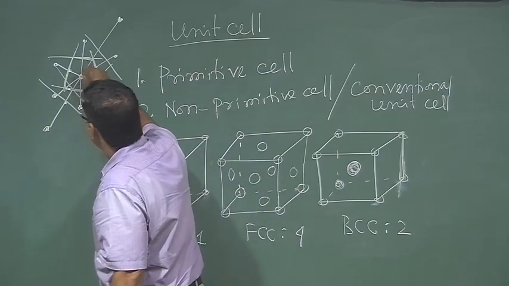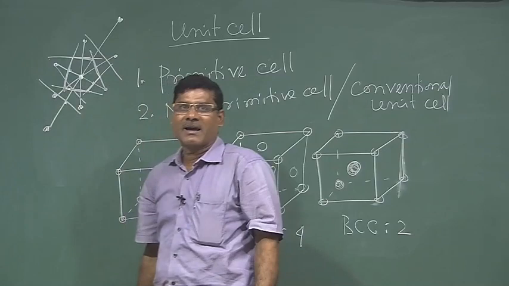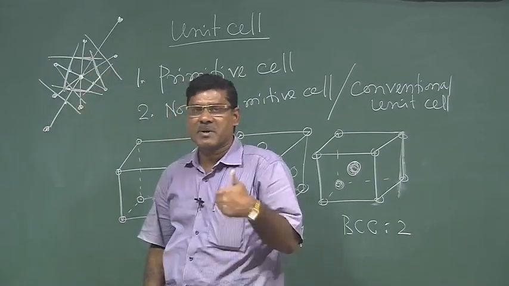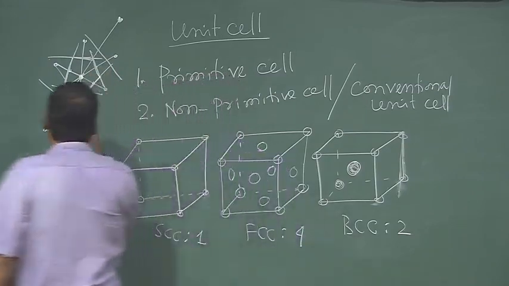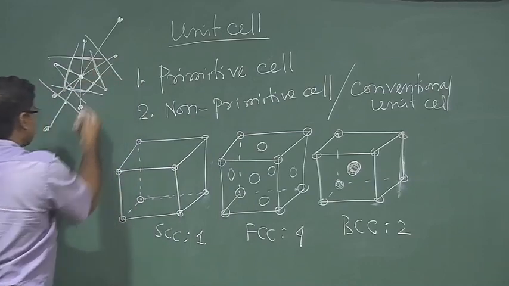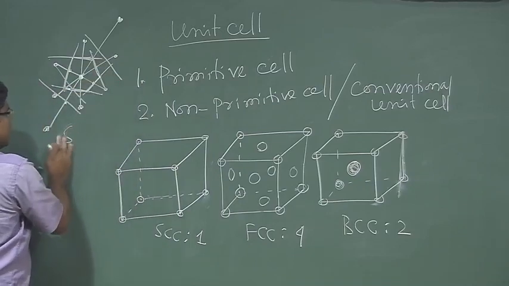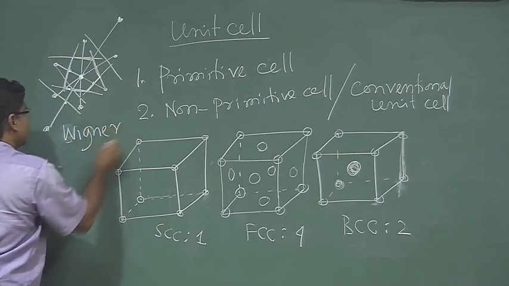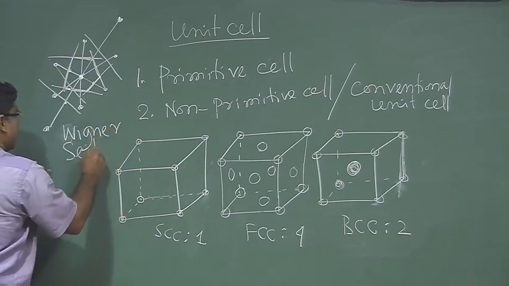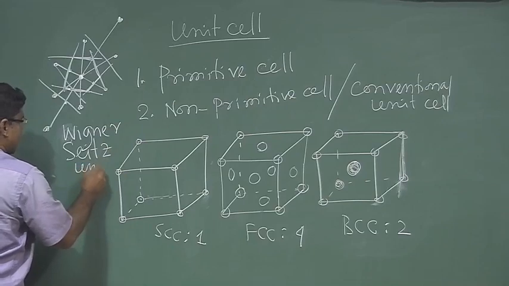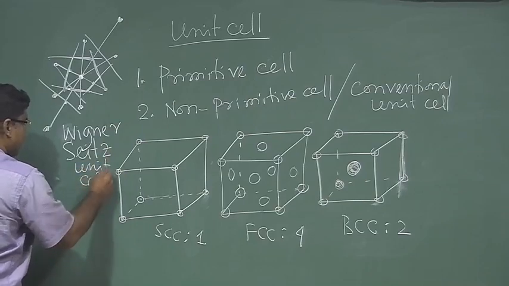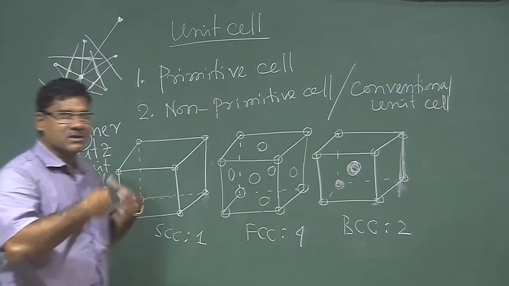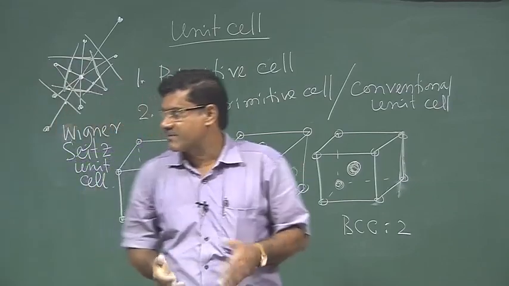This unit cell is the primitive unit cell, and it has a special name after who discovered this process: the Wigner-Seitz primitive unit cell. This way one can construct the primitive unit cell for any lattice.